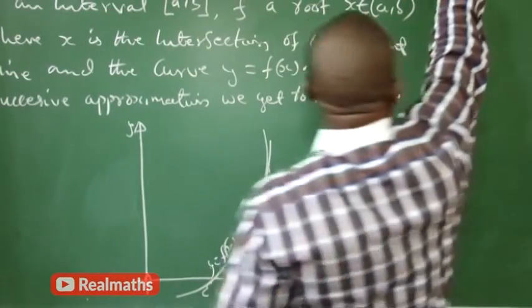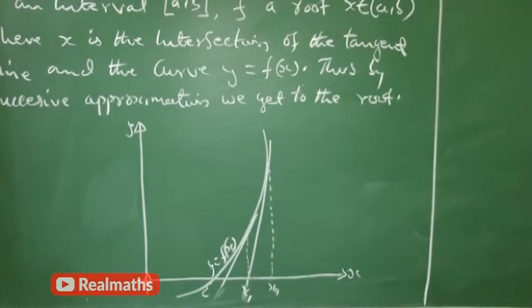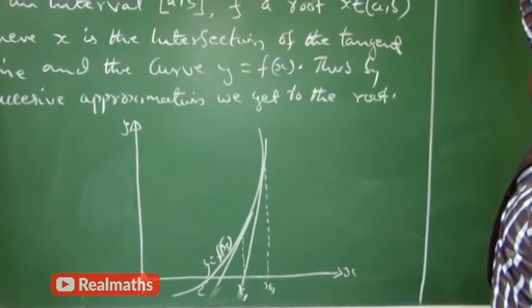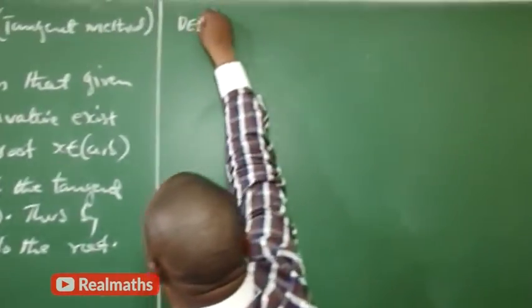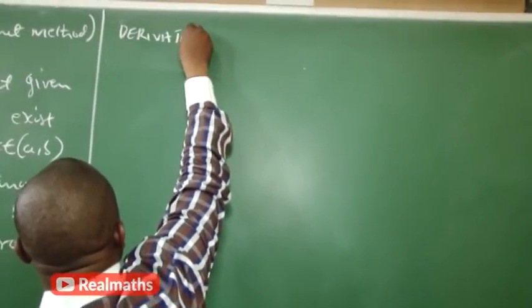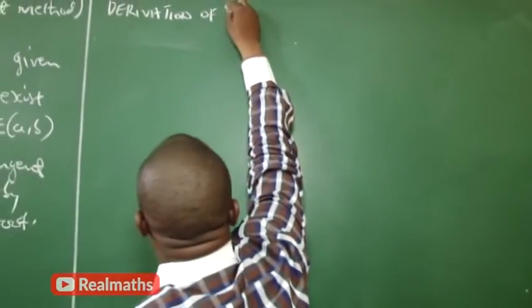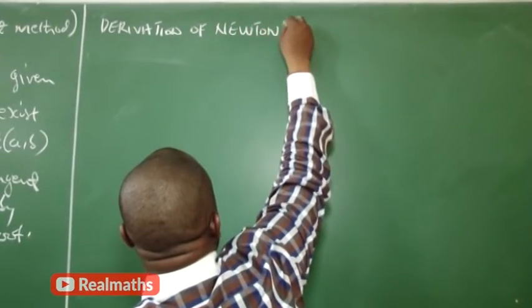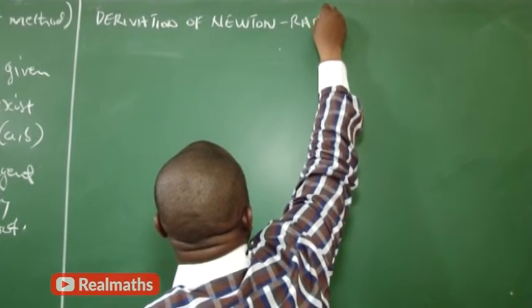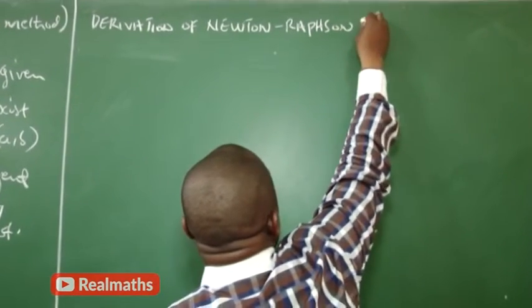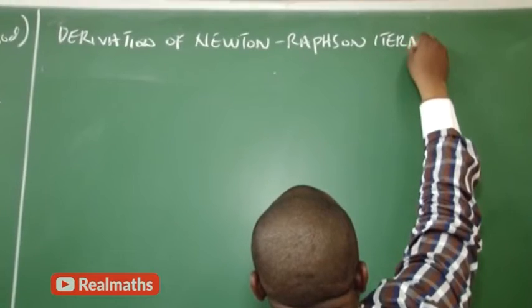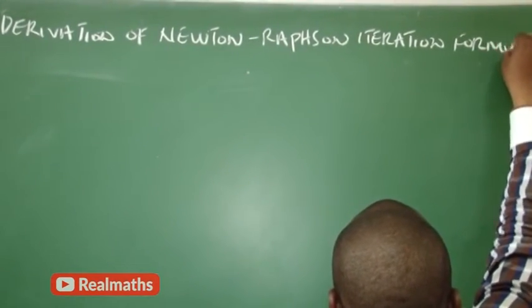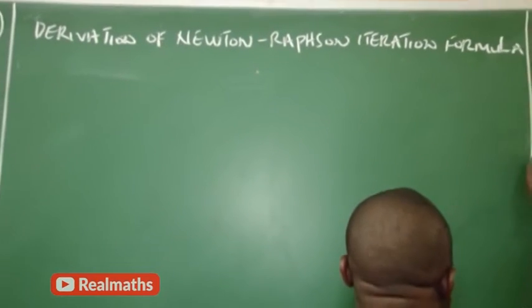Now let us derive the iteration formula. Derivation of the Newton-Raphson iteration formula.